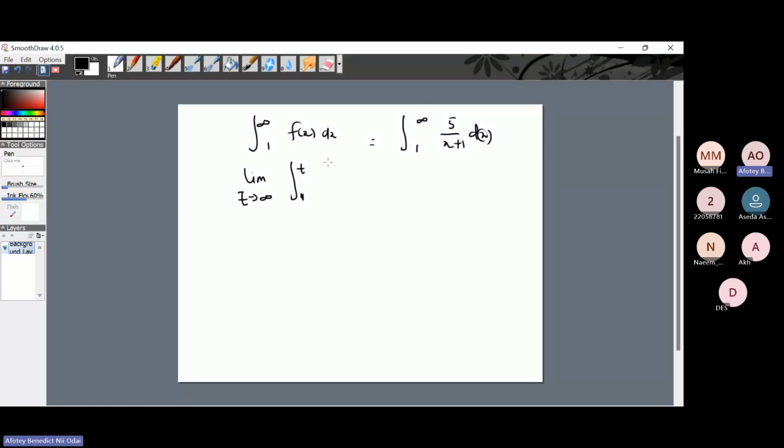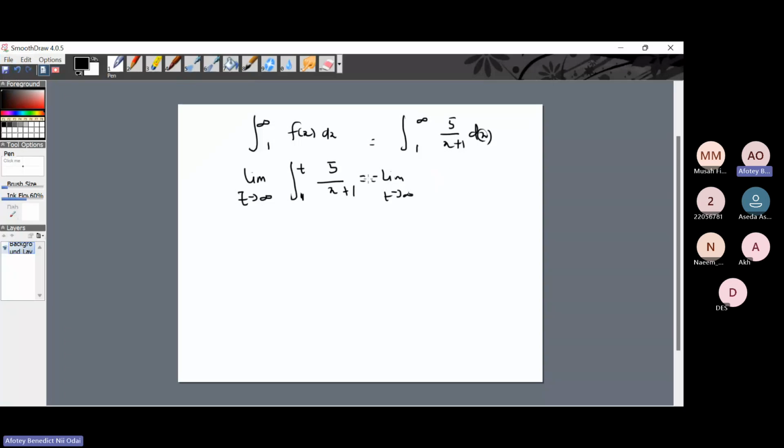Now f of x is 5 on x plus 1. Remember why we are not using n anymore. So now you solve this integral, and you get the limit as t approaches infinity of 5 times the integral of 1 on x plus 1.